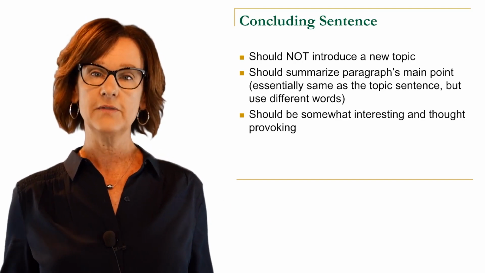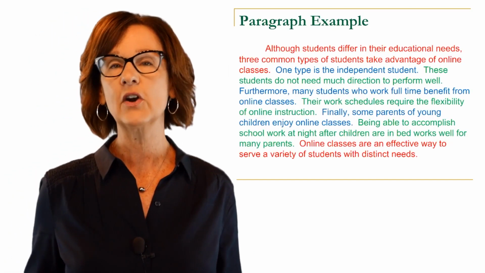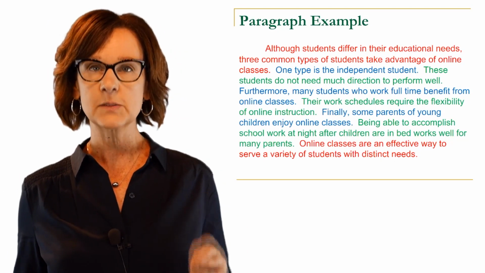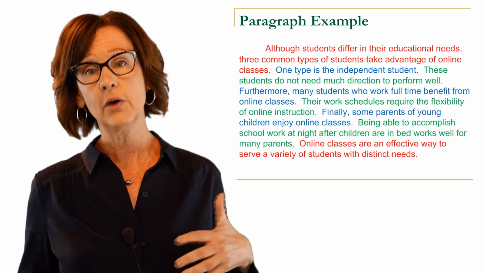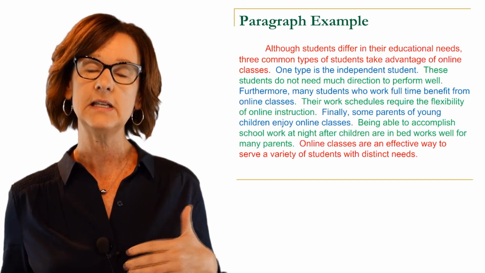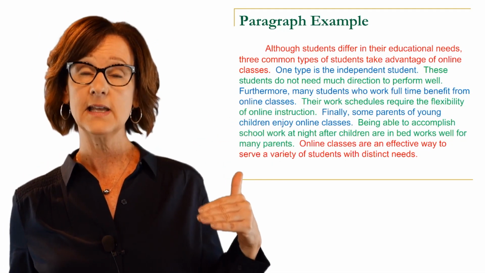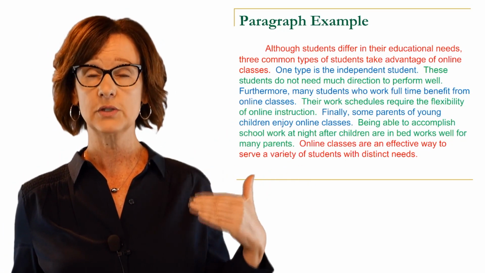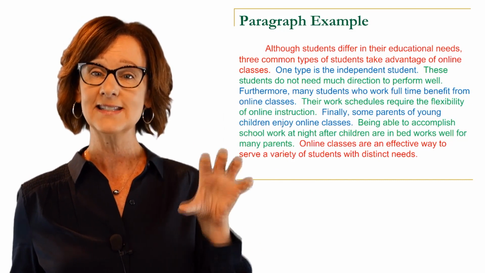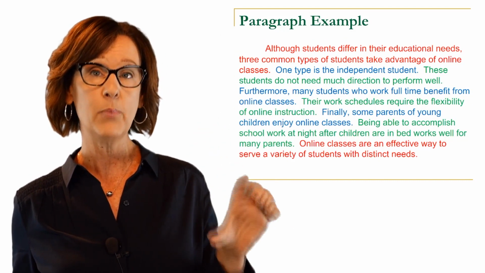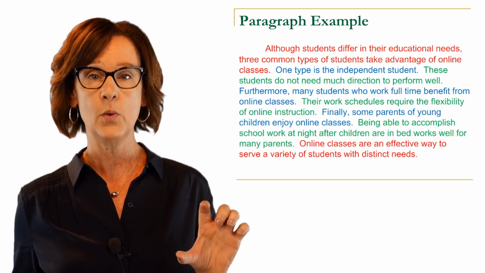So we're going to look at all of this put together. This is just a very simple 8-sentence paragraph, and I've color-coded each part of it here so you can see. So notice that the red sentences, that's your topic sentence and your concluding sentence, and those should reflect the same point. Different words, but same point.